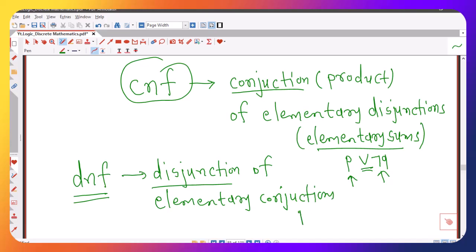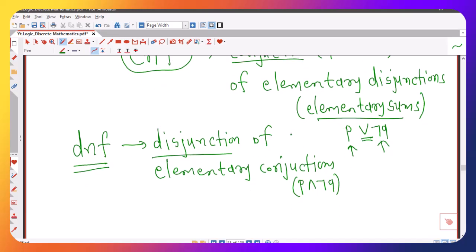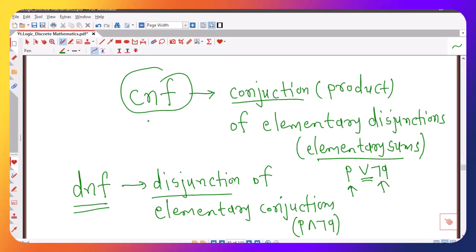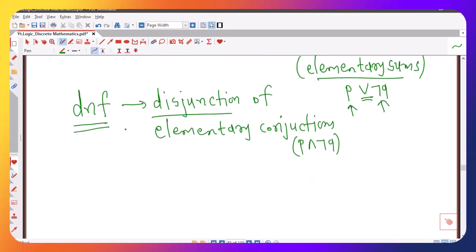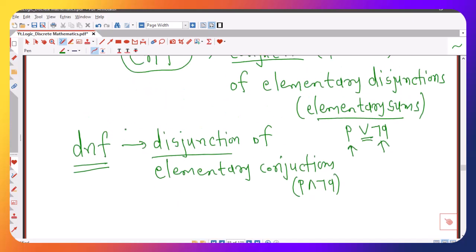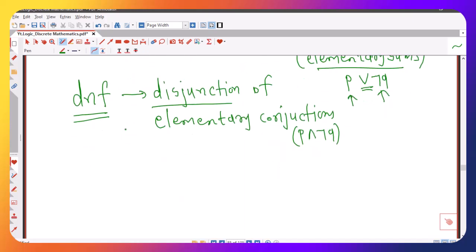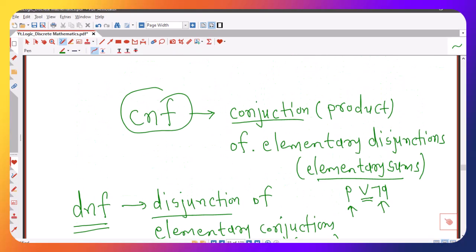Elementary products means we are joining variables and their negations by AND operator. So it is easy to understand these two types of normal forms, CNF and DNF. And in the next lecture we will discuss that if we are given some statement formula, then how to obtain its conjunctive normal form or disjunctive normal form.